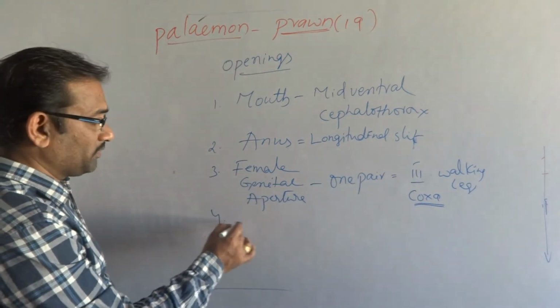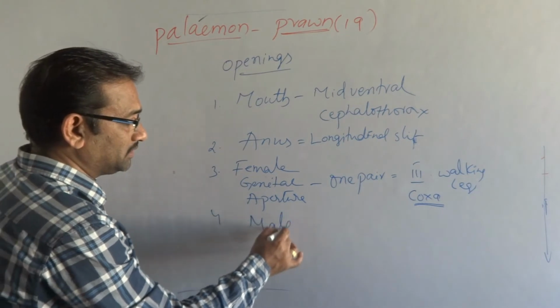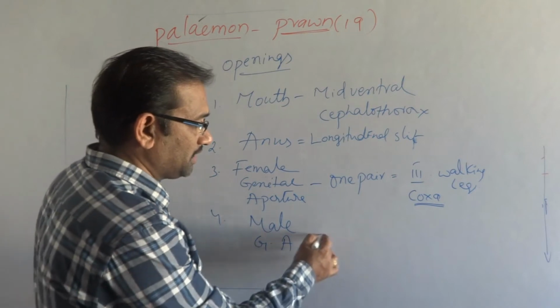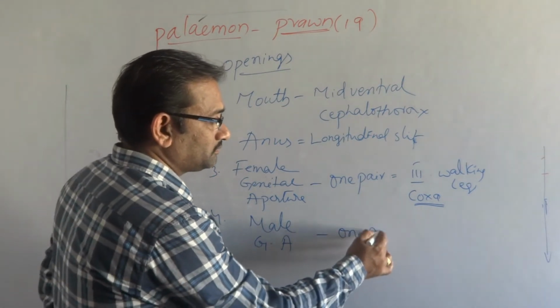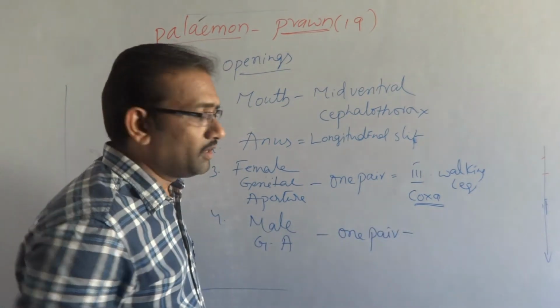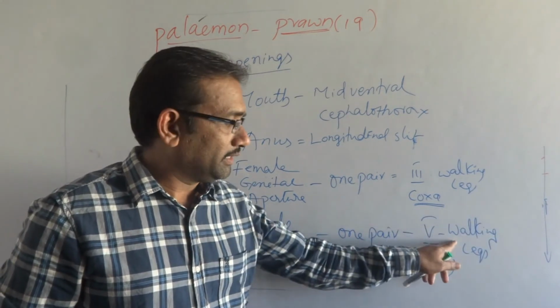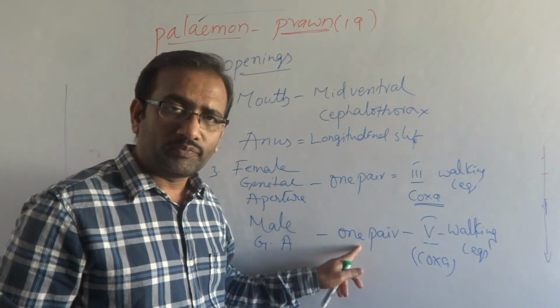And fourth one, male genital apertures. They are also one pair, located on the coxa of the fifth pair of walking legs. In the males, they are one pair.